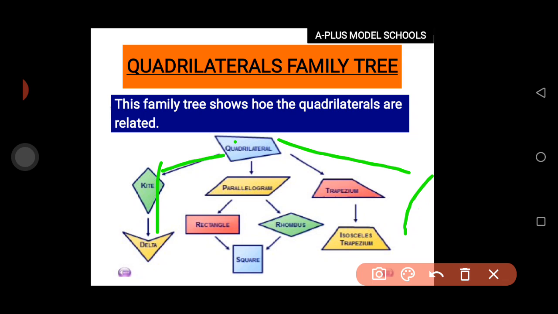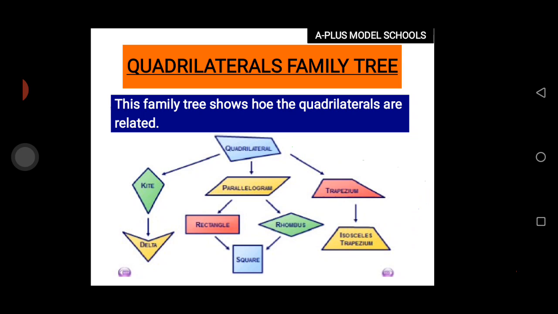A square can also be a rectangle. A rhombus is also a parallelogram, and so on. So you can see this is the relationship between the quadrilaterals. A parallelogram can be a rectangle, can also be a square, and can also be a rhombus.